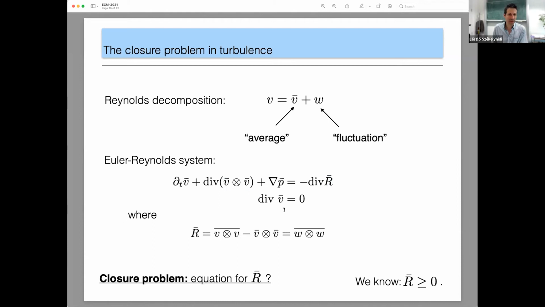Because otherwise, this is an underdetermined equation. There are just too many unknowns. And a priori, just by averaging, what we know is that this is a non-negative symmetric tensor. That's all. But we would like to have more information on it. So this is a way to see the effect of oscillations. It produces this extra term.